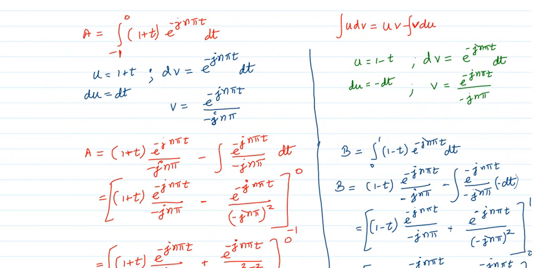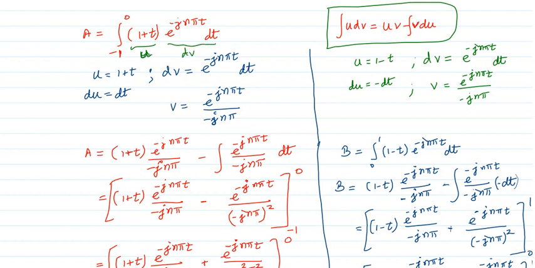We know this is a very important relation, as we discussed already so many times: integral of u dv is equal to uv minus integral v du. Here u is 1 plus t, so du is equal to dt. This is the term I am taking as u, and this is the term I am taking as dv.